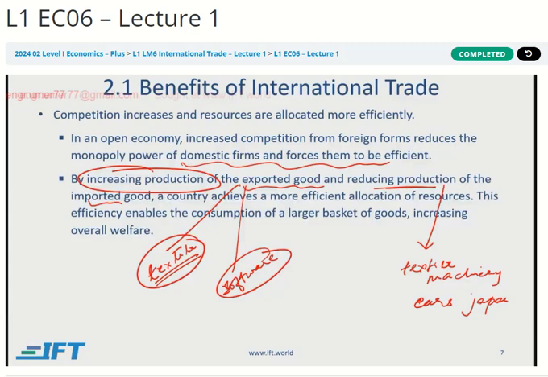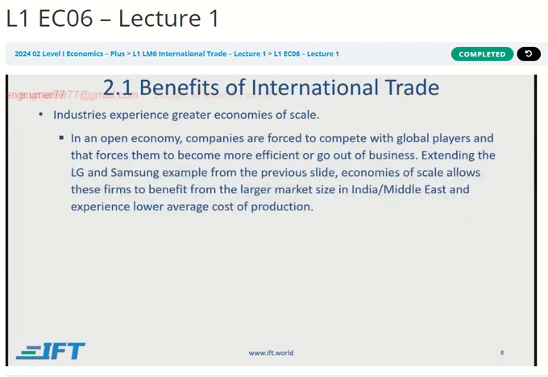And that is why globalization is so important, because then countries can focus on their areas of expertise and scale up, get the benefits of economies of scale, compete with global players, become more efficient, or of course go out of business if you are not up to that level of efficiency.